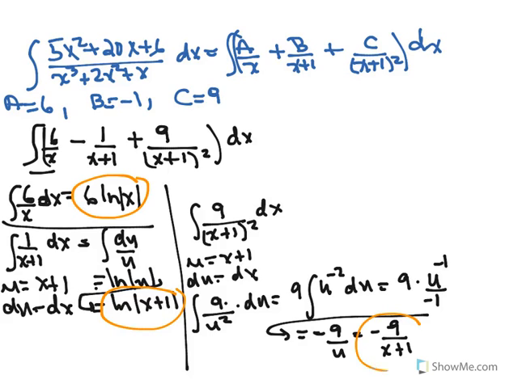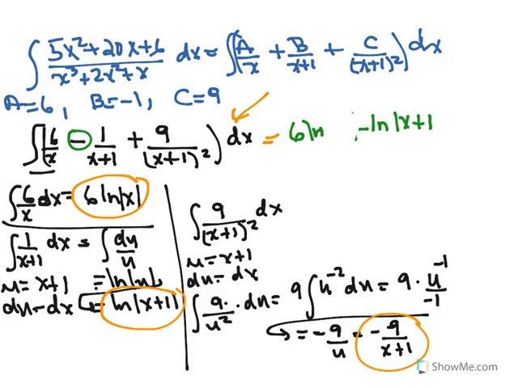Alright, so what I'm going to do is bring this, that, and this other thing right here into my answer, okay? So my final answer is going to be 6 times ln of the absolute value of x, okay? Minus, because we have a minus here, minus ln of x plus 1. Let me make sure that I write this correctly so you don't get confused, okay?